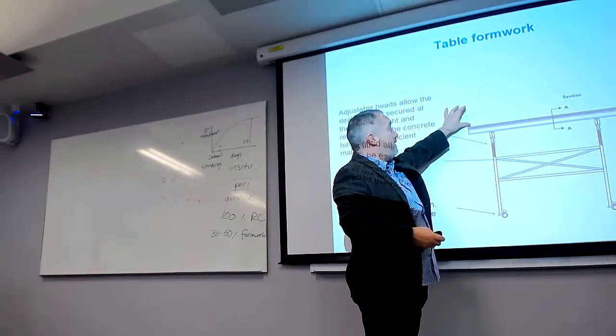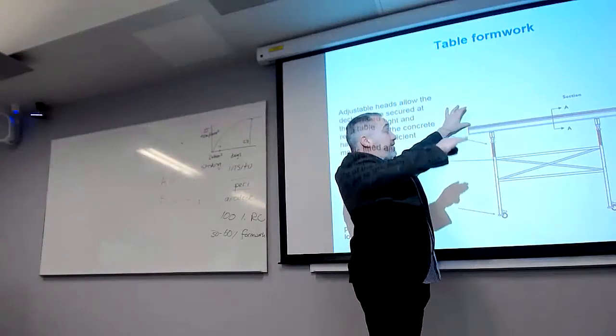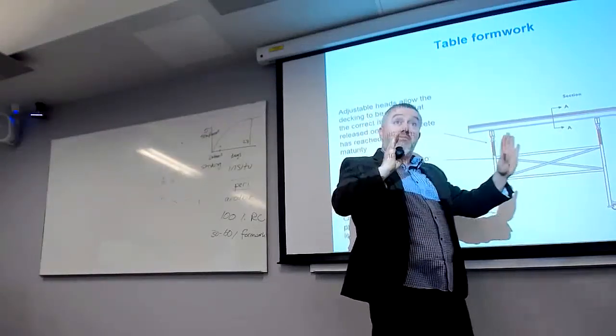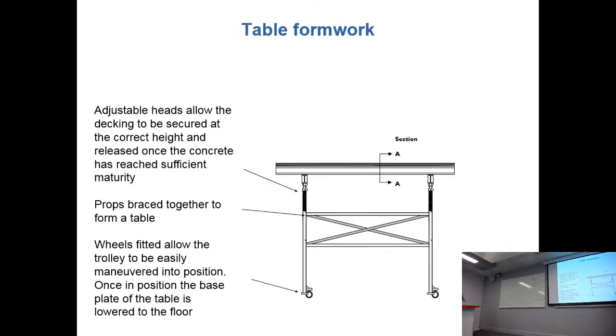When it's gone off, they just drop it down and wheel the table form to another place, lift it up, and cast it. Compared to the first one, where the workman would put together all the individual bits for every location, to speed things up you can use table formwork, where it's all one piece and just moved around.